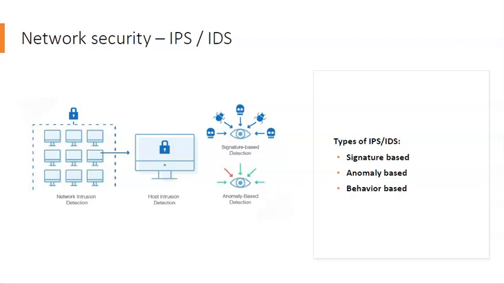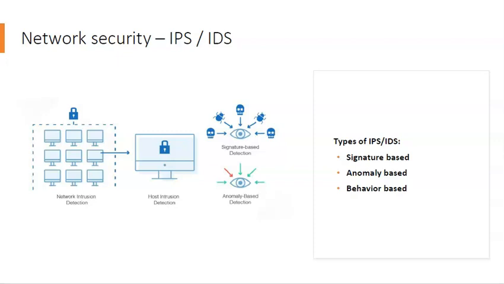Okay. So we need to understand the different classifications of IPS and IDS. They can be categorized as signature based, anomaly based, and behavior based. Signature based means knowledge based. These IPS or IDS rely on a known signature, preset pattern database to detect and prevent attacks.